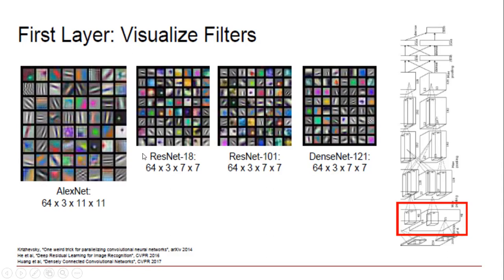This similar visualization can be done on other networks, such as ResNets and DenseNets. As you can see, even with 7 cross 7 kernels, they are extracting similar features.